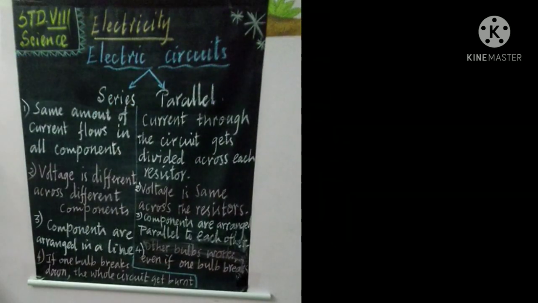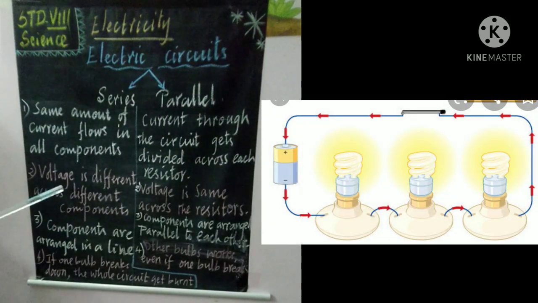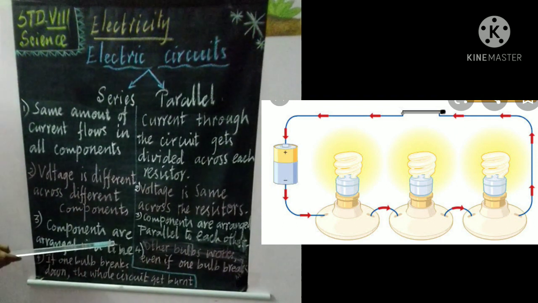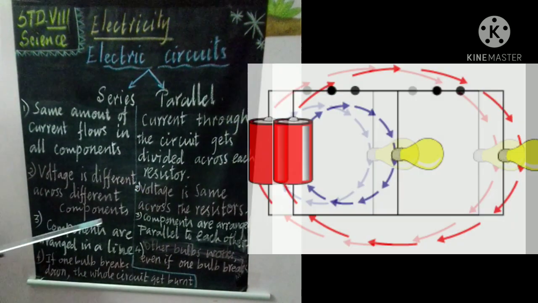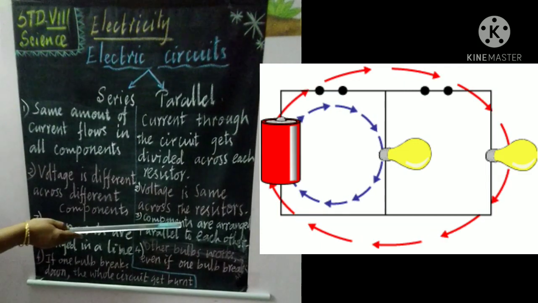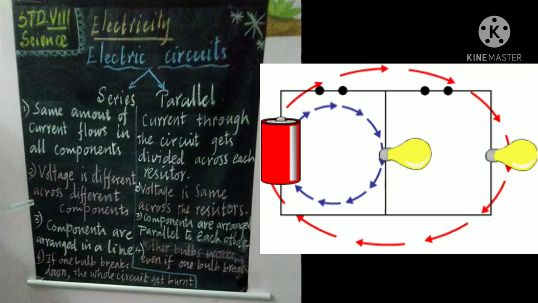Third one, arrangement of components. In a series circuit, components are arranged in a line. When you refer to the diagram, you can see all the resistors, that are bulbs, arranged in a line. In a parallel circuit, the components or the resistors are arranged parallel to each other.